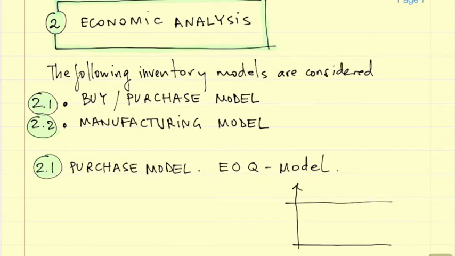This is the demanded quantity. Sorry, this is the time. And this is the quantity that is supplied, and then we have a Q inventory level, and then we perform such scissor.